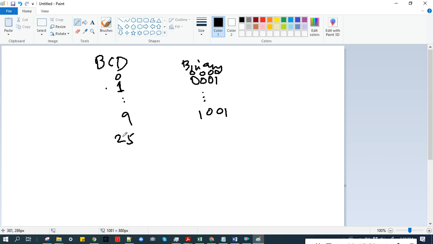so this is decimal. BCD is the same as binary if we have one decimal digit, but if we have decimal 25 and convert that to binary, what is that? Let's try to convert 25 to binary.